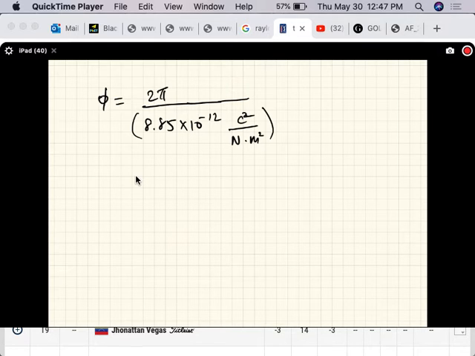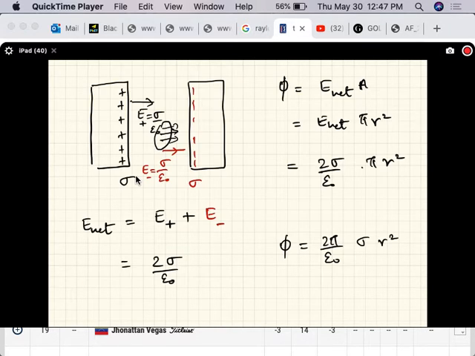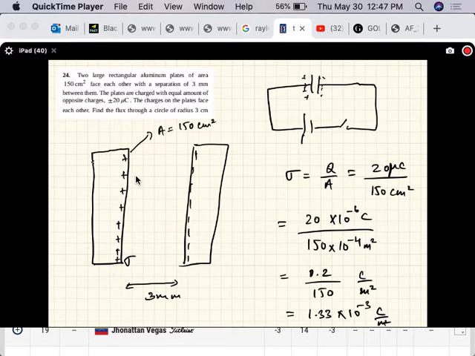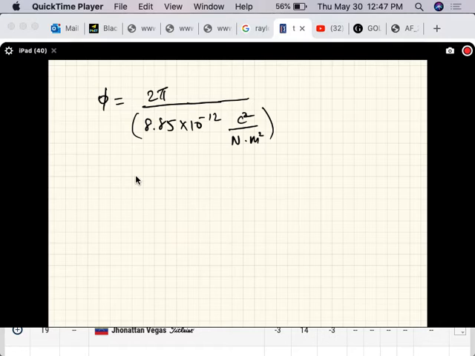It's either 10 minus 12 or 10 minus 11. We have the negative 12 there.